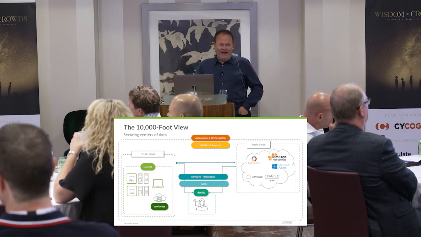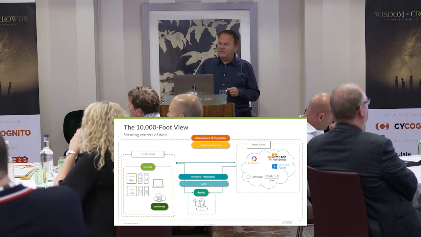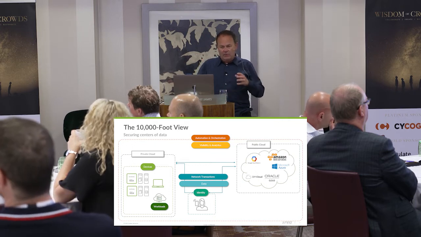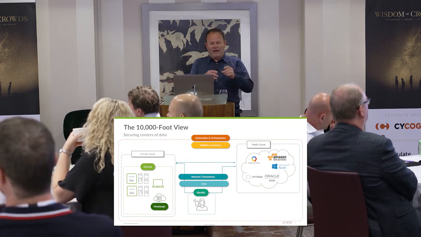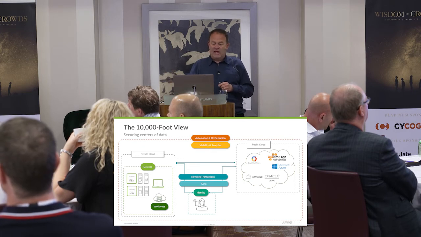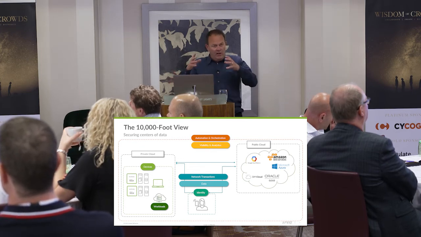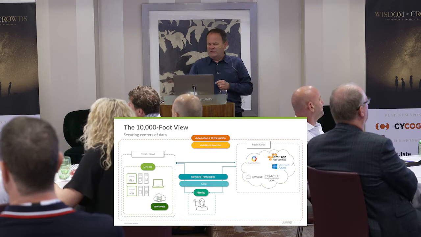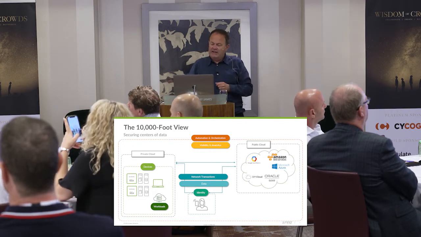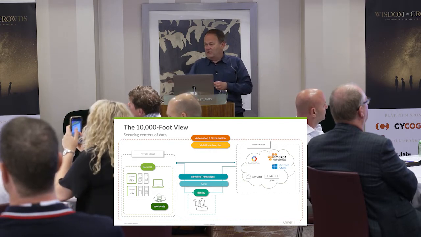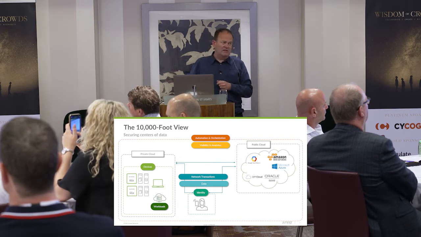But anyway, so the 10,000 foot view of how we do this is, on the one side, you've got the private cloud environments that you need to protect. On the other side, you've got your public, all underpinned by identity. Identity is absolutely key in anything that we do here. Identity of the device, identity of the user, identity of the workload.